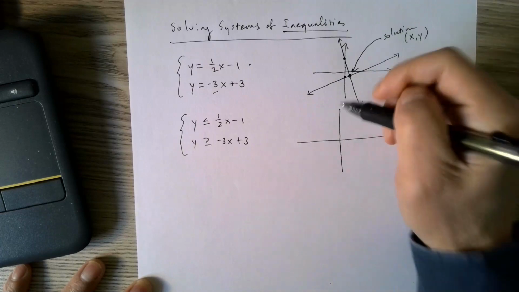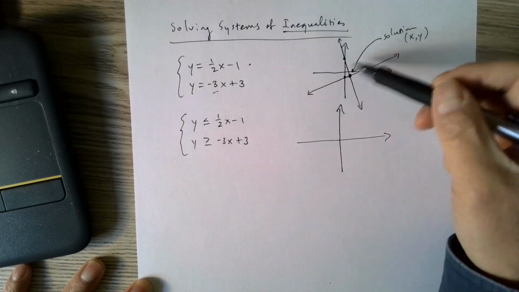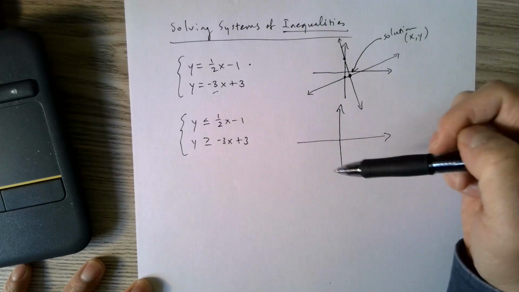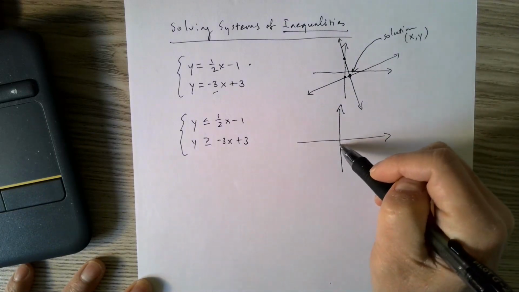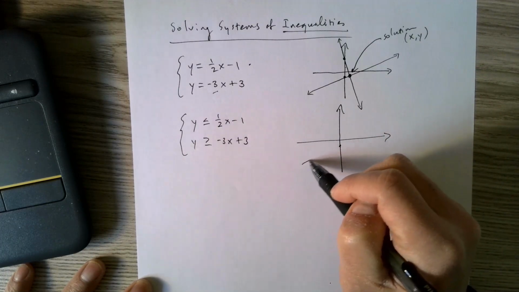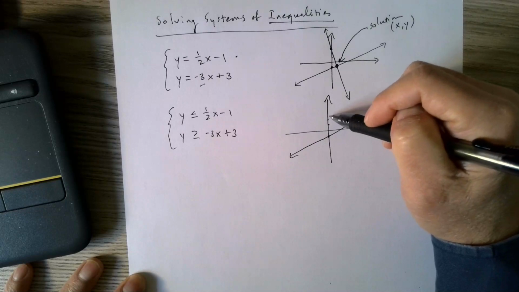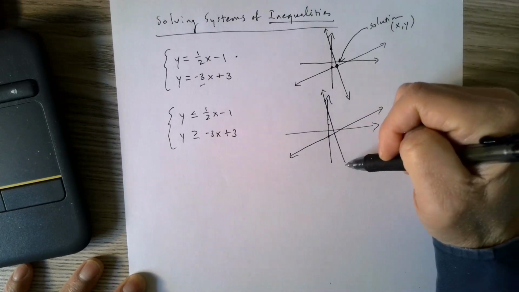The good news is you're still going to graph these two lines just as you did for the system of equations. So that part of the process is exactly the same. There's the first line. And there's a second line.